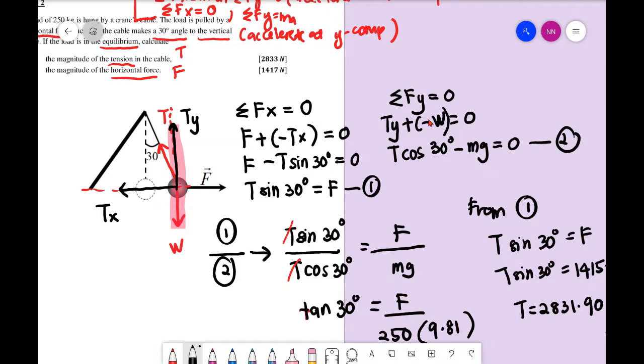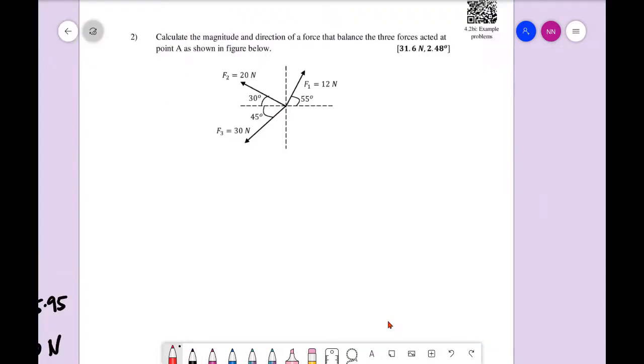Okay, number 2, calculate the magnitude and direction of a force that balances the three forces acting at point A. So we already have F1, F2 and F3, and we need another force to balance these three forces.